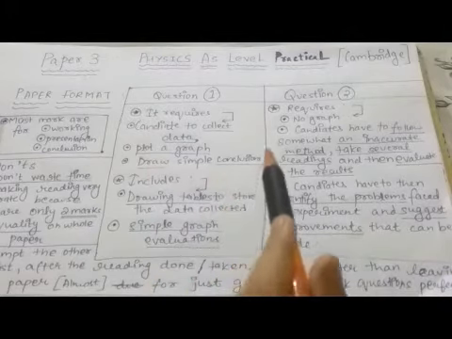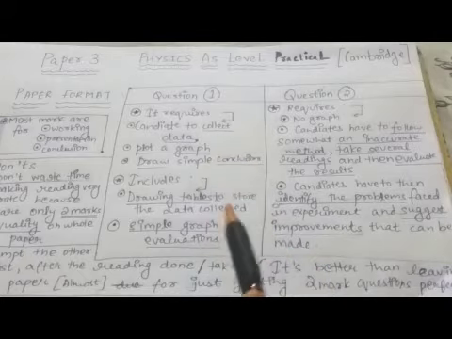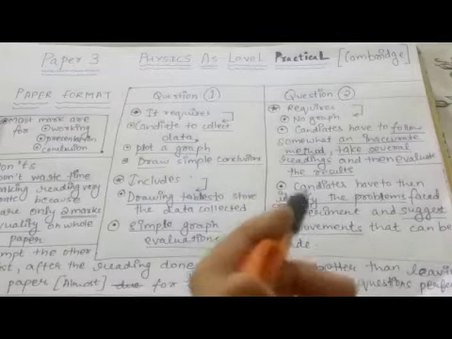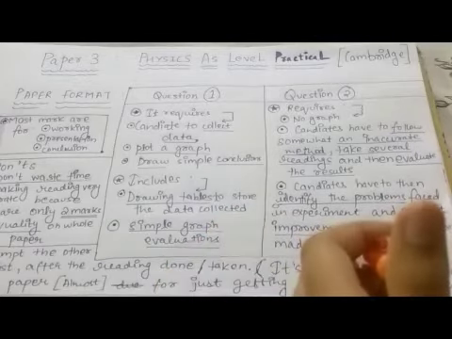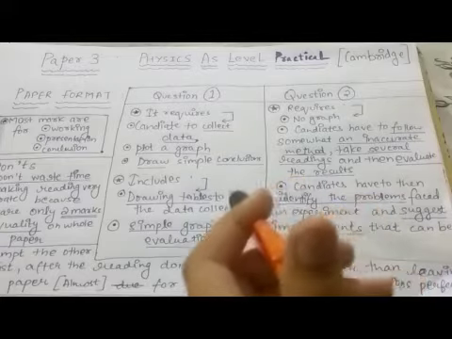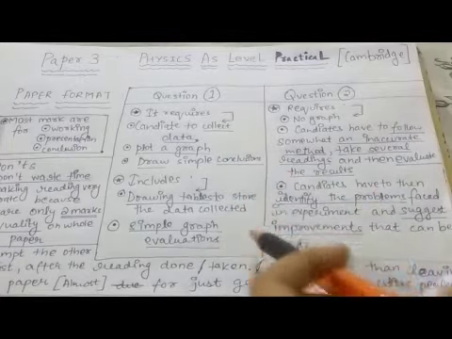The most common mistake people make in drawing graphs is they don't know what will come on the y-axis and what will come on the x-axis. For your information, I'll just briefly talk about that.